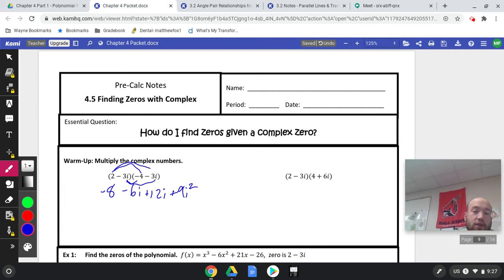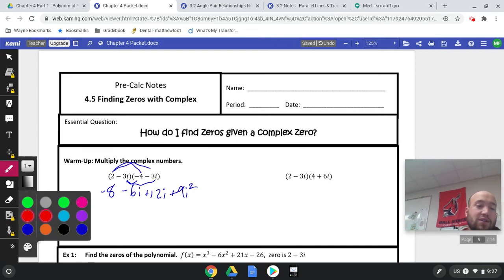Okay, so hopefully you guys remember when we have i squared, that's the same as negative 1. So this actually becomes negative 9. We combine our like terms, negative 8 and negative 9 combine to negative 17. And negative 6i plus 12i combines to plus 6i. And this is our final answer.